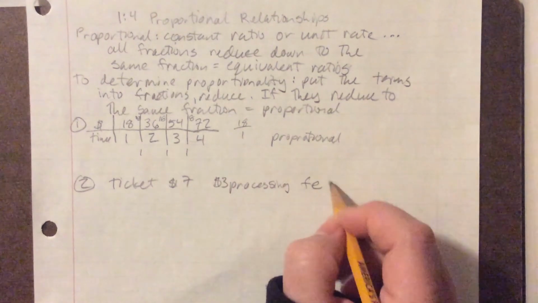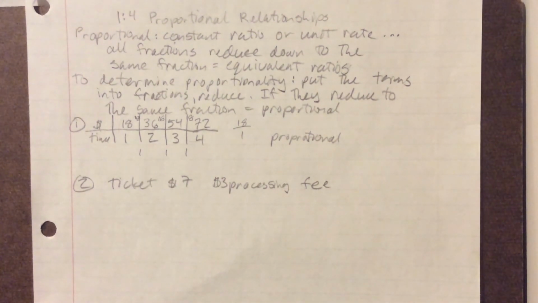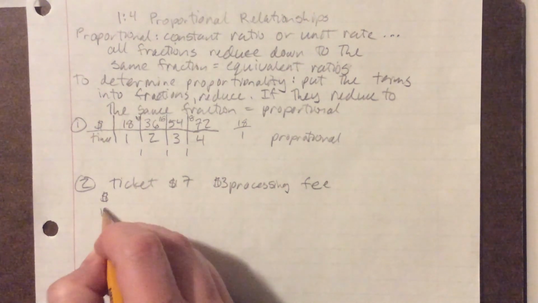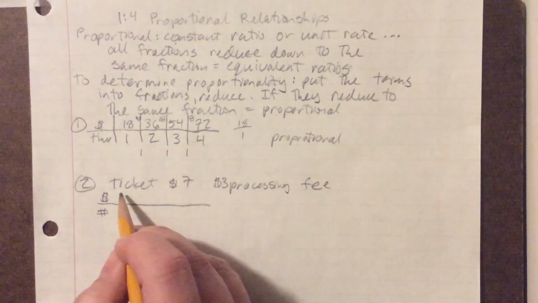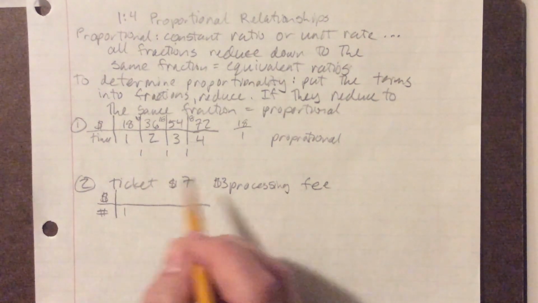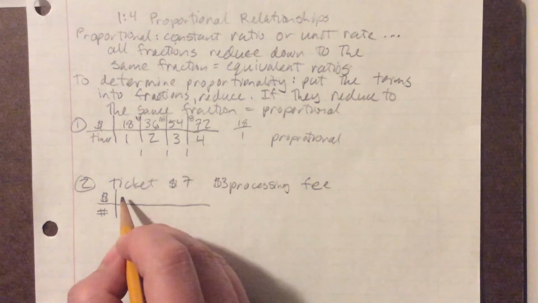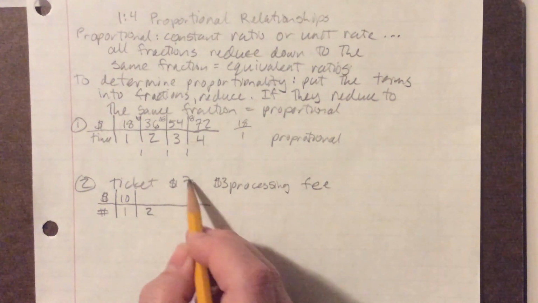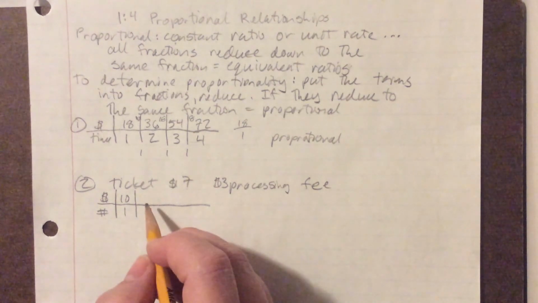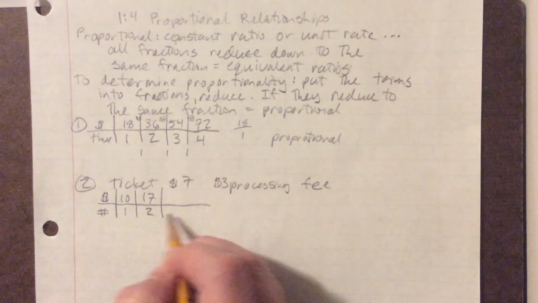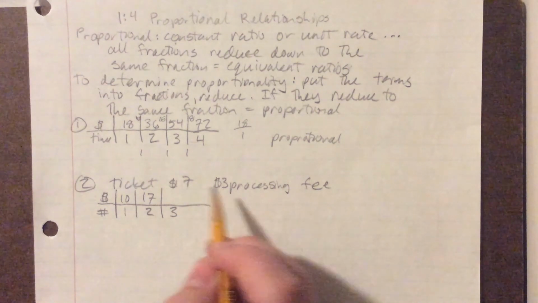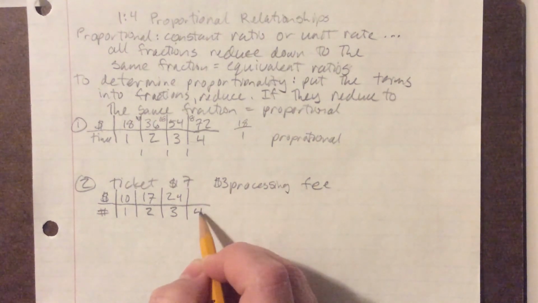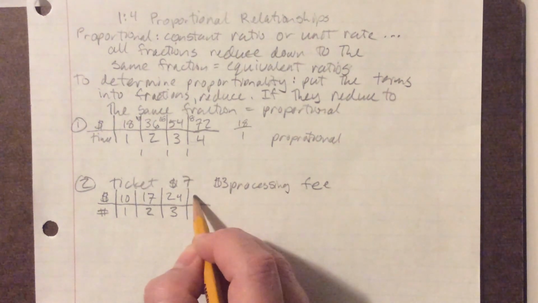So if we put together our table, the cost and the number of tickets: for one ticket, it's the $7 plus the $3 processing fee, which is $10. For two tickets, that's 2 times 7, which is 14, plus the $3 processing fee is 17. 3 tickets, that's 21, plus 3 is 24. And 4 tickets, that's 28, plus 3 is 31.